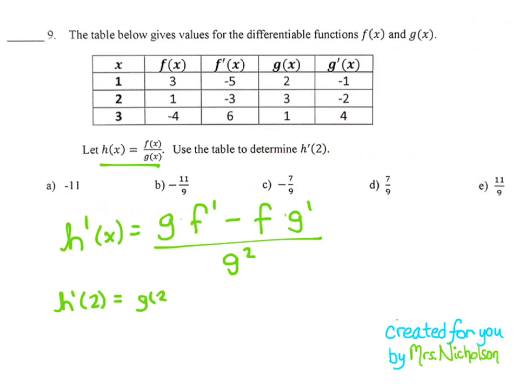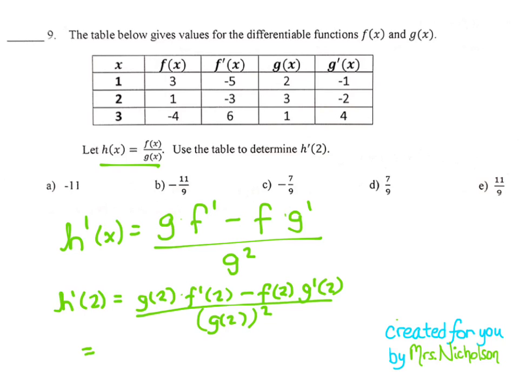And so that's going to be equal to g of 2 times f prime of 2 minus f of 2 times g prime of 2, all divided by g of 2 squared, which is equal to, let's see, g of 2 is 3 times f prime of 2, which is negative 3, minus f of 2, which is 1, times g prime of 2, which is negative 2, all divided by g of 2, which is 3 squared.